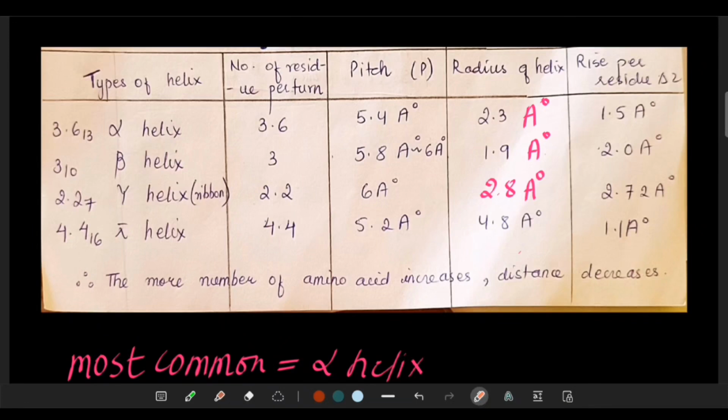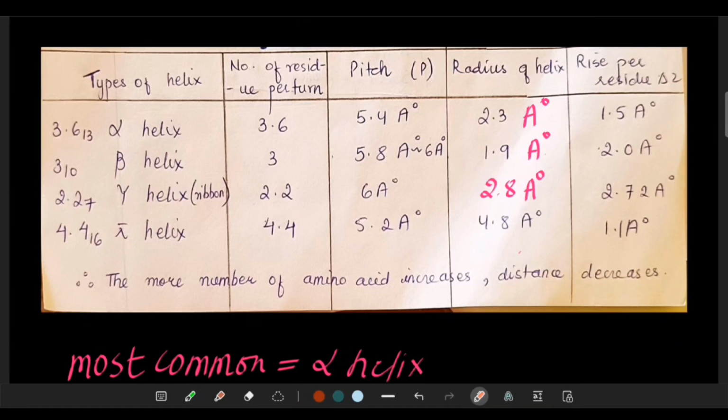If you see over here, this is the alpha helix, and the number of residues, that is the number of amino acids, is 3.6. Then the pitch is 5.4 angstrom, and the rise per residue, that is delta Z, is 1.5 angstrom. What is delta Z? Delta Z is actually the vertical distance between two amino acids.